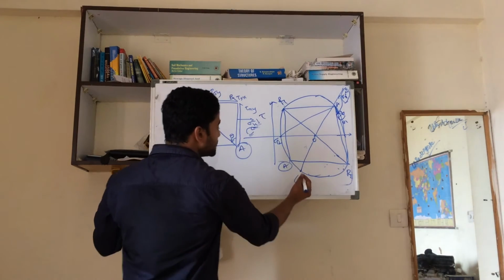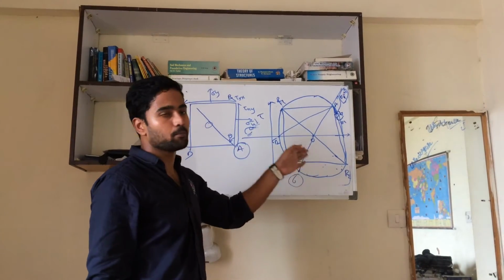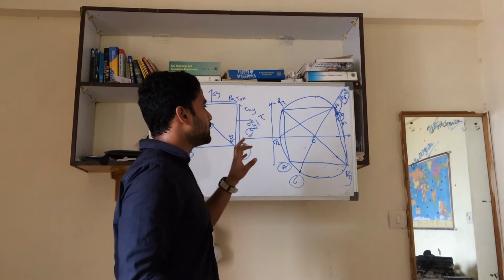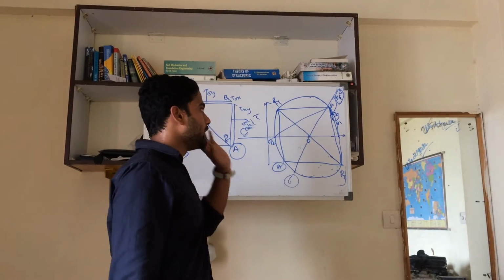So that represents the normal stress and shear stress on any plane. Each plane is represented by a point in the Mohr circle. So that's how it becomes easy to calculate the normal stress and shear stress on any plane.